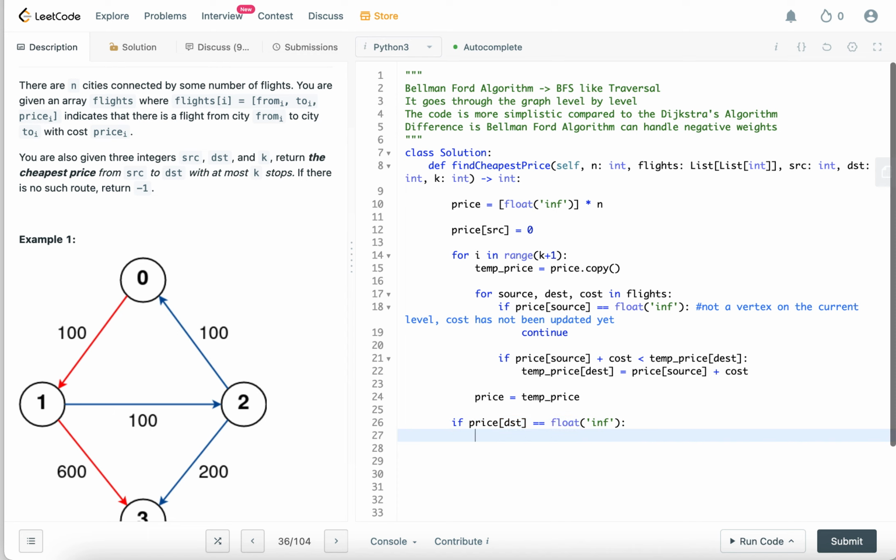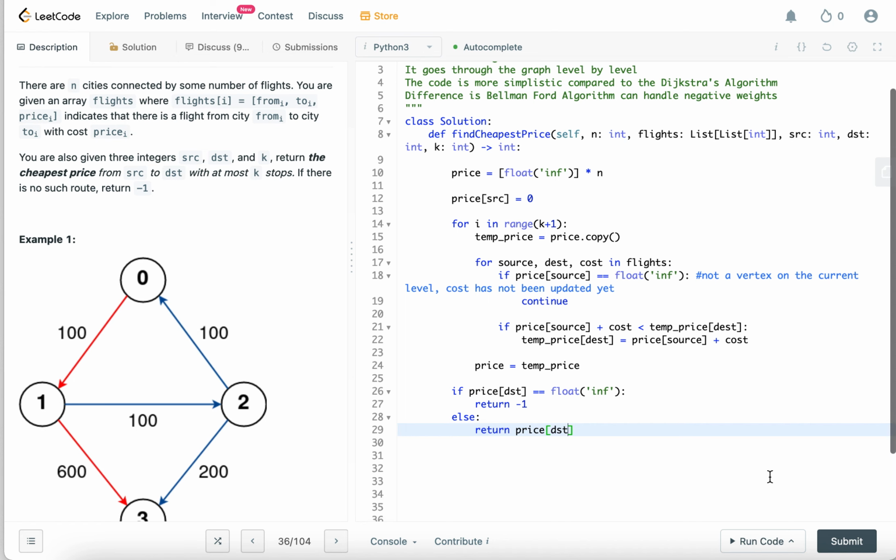Then we know it hasn't even reached there within the K stops, within this for loop, or it means there's just no path there. Then we just return -1. And otherwise, we just return price of dst, which should be updated if there's a path.